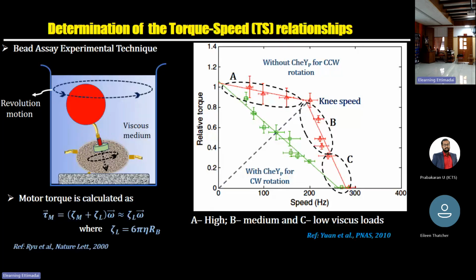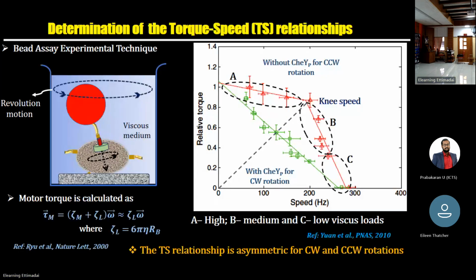This is the high viscous load, this is the medium viscous load, and this is the low viscous load. Low viscous load means the bead size is small, and high viscous load means the bead size is very big. So this is asymmetric in nature.